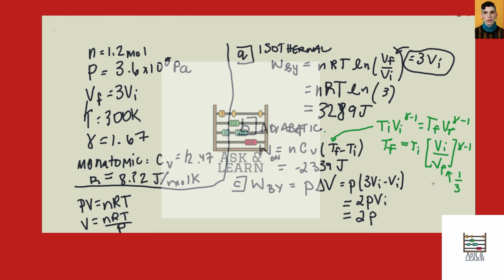So it's 2P times nR T initial divided by P. Those P's cancel, and I'll use red to indicate that they cancel. So it should be just 2nRT initial. I'm going to double check because I don't remember putting that into a calculator.